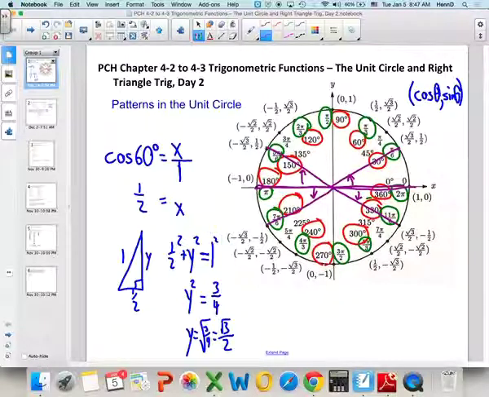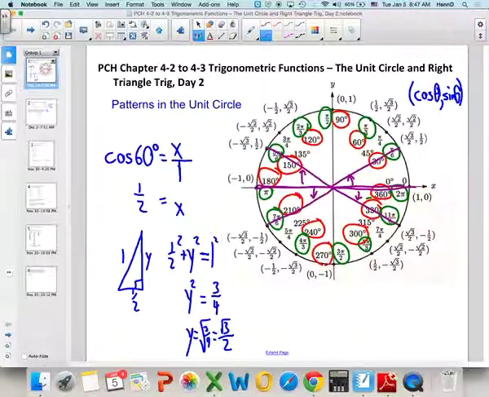Okay? This is one area where radians are actually easier to work with than degrees are, because if you see the same denominator, you know they have the same reference angle. So that's another pattern that you can see here in the unit circle.